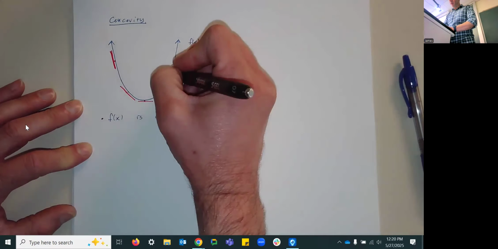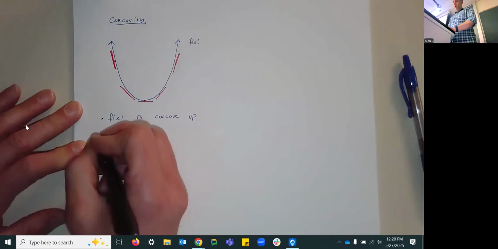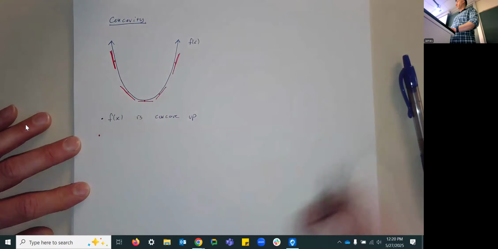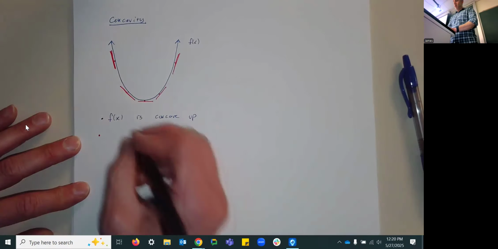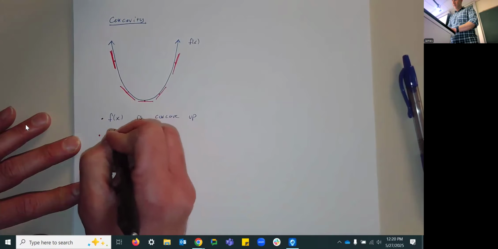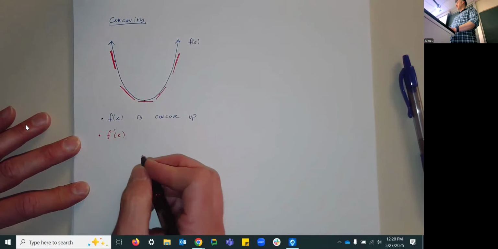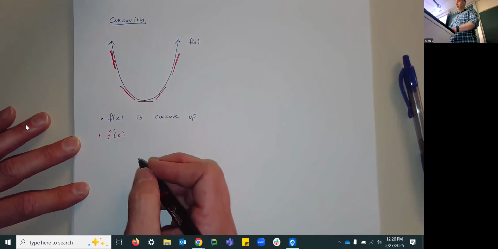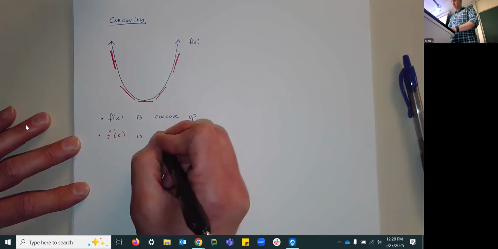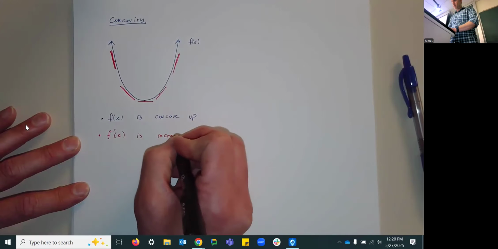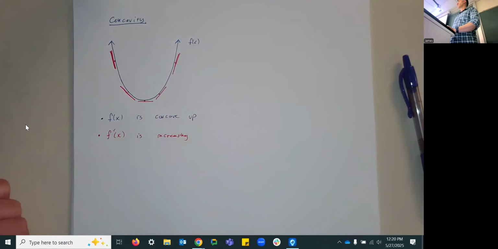And further right, the slope is more positive. So throughout the whole interval of being concave up, it also looks like the first derivative, aka the slope of the tangent line, is increasing. It was super negative, got less negative, so it increased to being less negative, and then increased to zero, increased to slightly positive, increased to more positive.